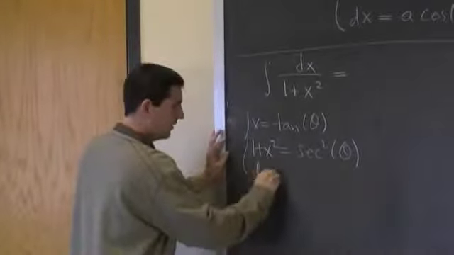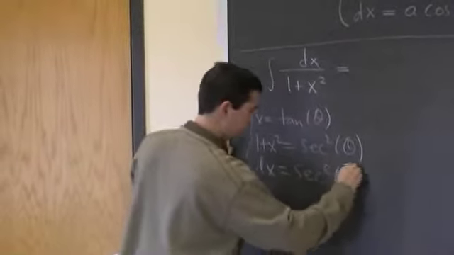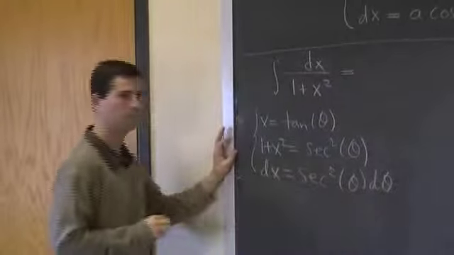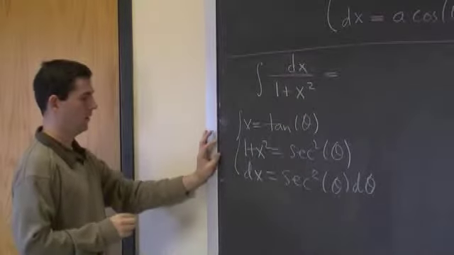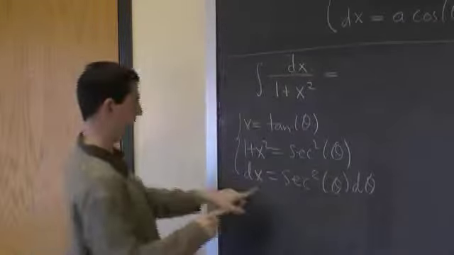And the dx doesn't change, because that's just coming from your choice of x. I can rewrite my integral as, well, the dx is secant squared d theta, and 1 plus x squared is secant squared of theta.